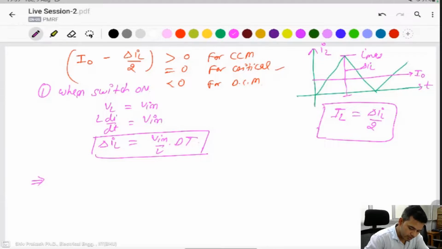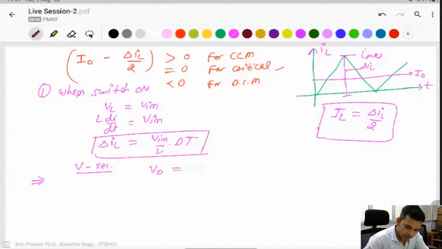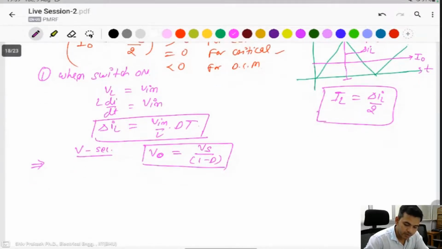If you take the whole second equation, then you find for the critical condition V naught is the same as continuous conduction mode, V in by 1 minus D. This is not for the discontinuous, here only for the critical or continuous conduction mode, where D is the critical value.